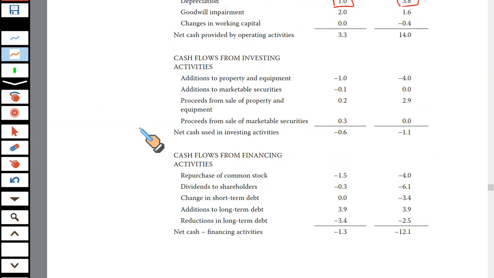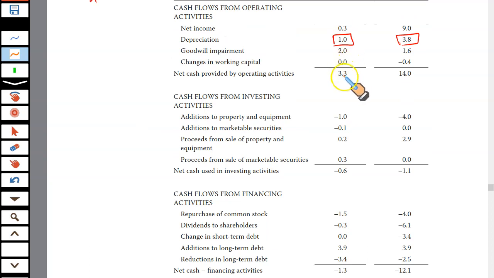This is your cash flow from operating activities, 3.3 and 14.0. From this we need to make adjustments for capital expenditures, and it says free cash flow after dividend. So let us see what we have for capital expenditures on the investment side.